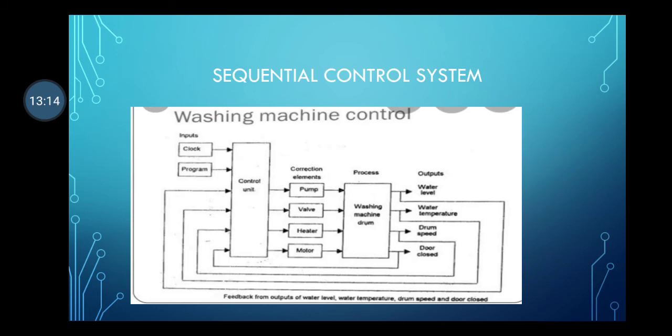Next one, sequential control system. Example: washing machine control. Here the washing machine is a sequential control system. One process will start and one by one it will end, and the feedback will be carried out.